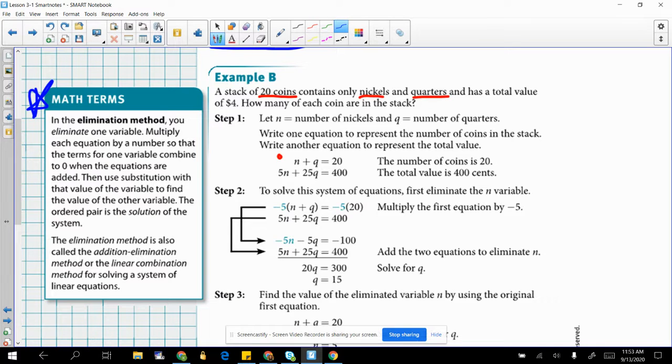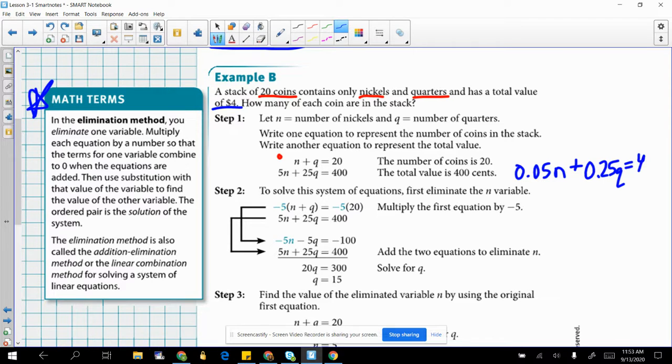Then the second equation, it says it has a total value of $4. And we know what nickels and quarters represent. Your Springboard book chose to use whole numbers. You could have also written this as, we know that nickels are 5 cents, so 0.05n, plus quarters are 25 cents, 0.25q, equals the $4 total.